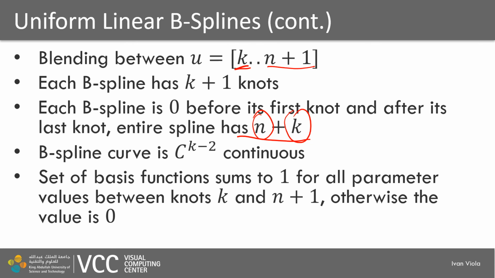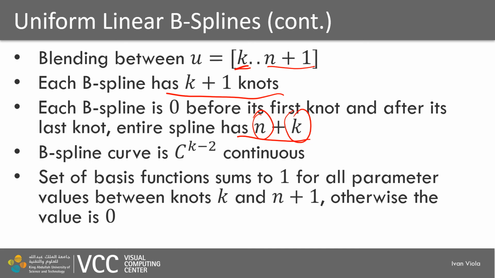So k is really the number of knots which we need for defining one segment. Each B-spline has k plus 1 knots. We have seen that our previous linear segment has been defined between 1 up to 3, so we have knots 1 to 3 for the linear case.